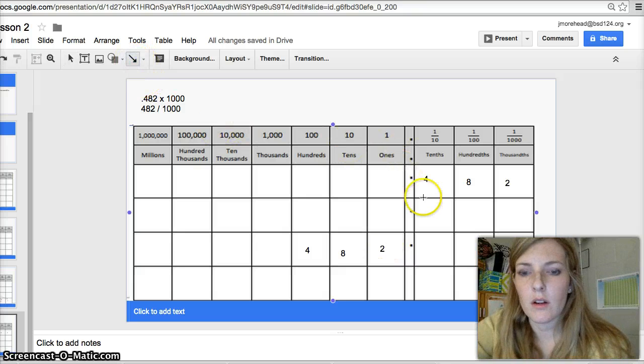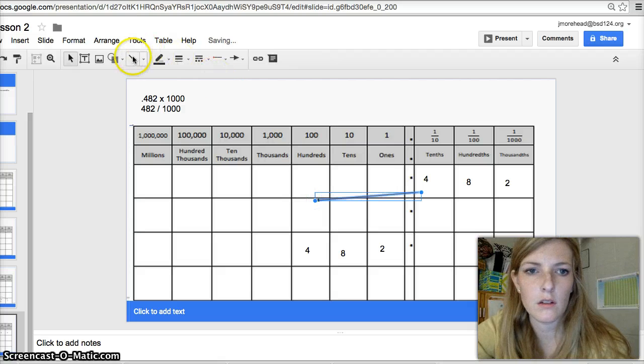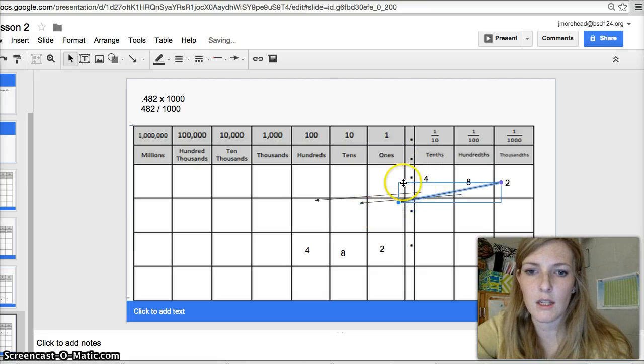I'm going to draw my arrows first, and I know I have 1,000, which is 3 hops, and I can also see I have 1, 2, 3 zeros, so that means I'm moving 1, 2, 3 places over. So my answer would end up being 482.